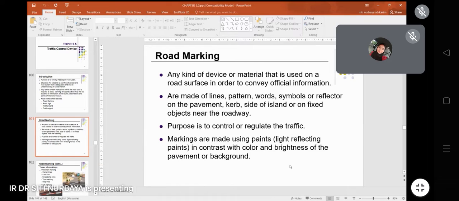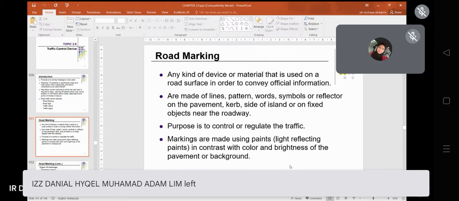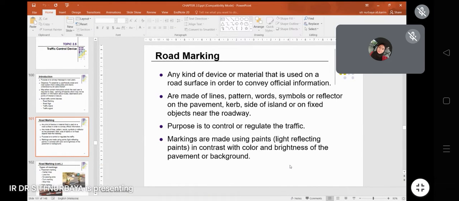That's why sometimes you can see the road marking in white painting or in red painting. Why? Because it needs to contrast with the color of the tar, the pavement or road tar, which is black. So the road marking color has to contrast so that it is visible to drivers especially.